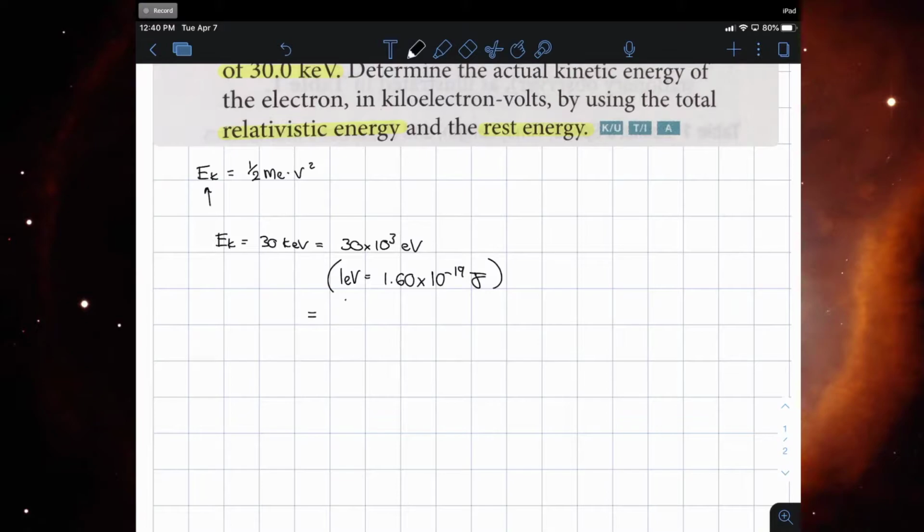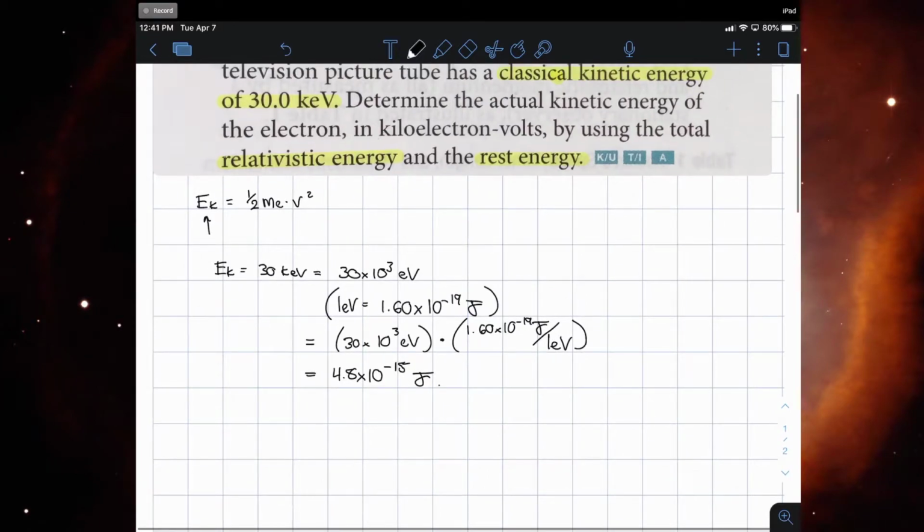So we have 30 times 10 to the 3 electron volts, multiplied by 1.60 times 10 to the negative 19 joules per 1 electron volt. When we do that, we get 4.8 times 10 to the negative 15 joules. So we have our classical kinetic energy now.